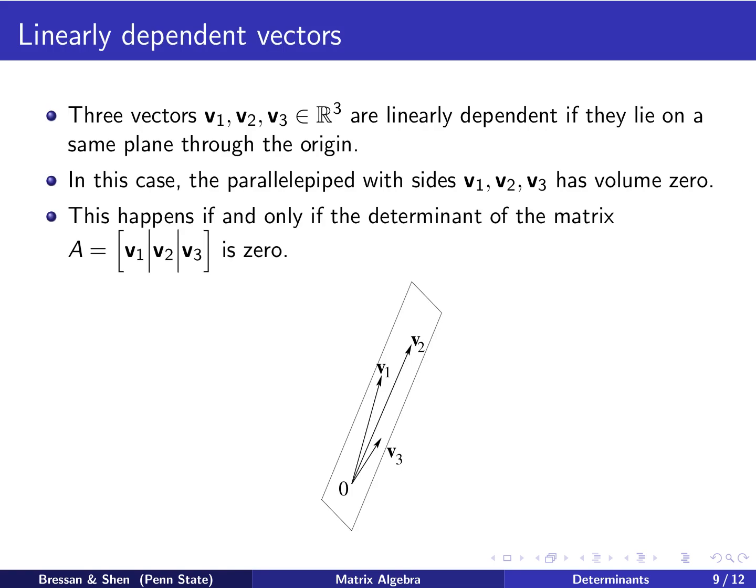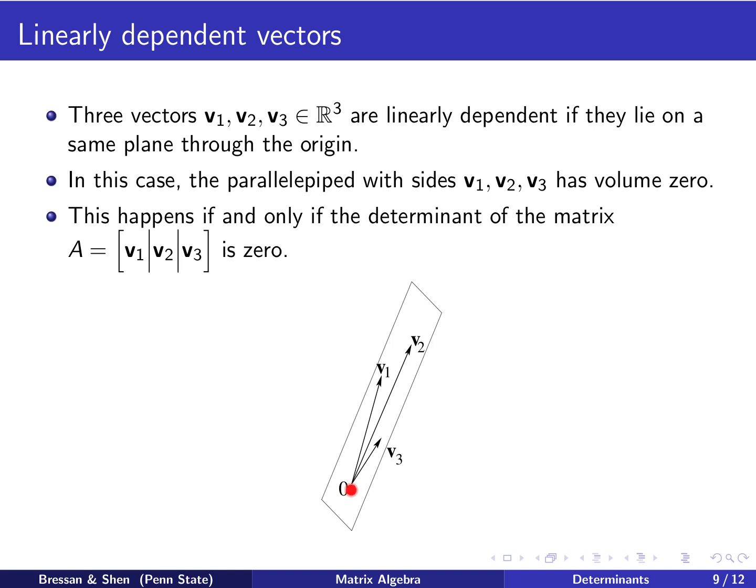Okay, so let's make some connections in the case of R3. If we have 3 vectors, v1, v2, and v3 in R3, they are linearly dependent if they lie on the same plane through the origin.